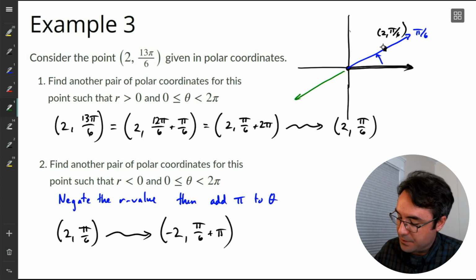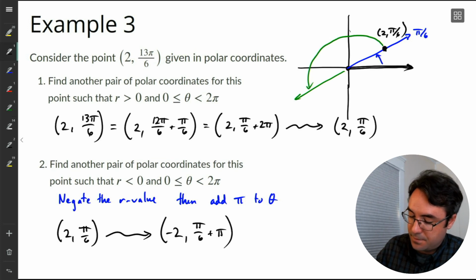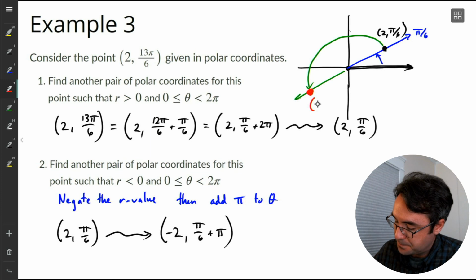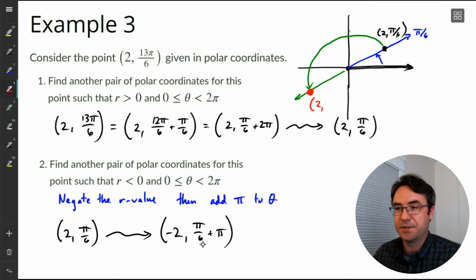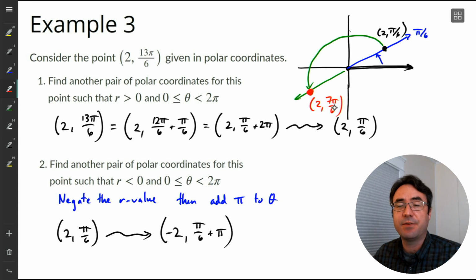So this would be 2 comma, what is this? 7 pi over 6. So this point over here would be 2 comma 7 pi over 6. We don't want this point. We want this point right here.